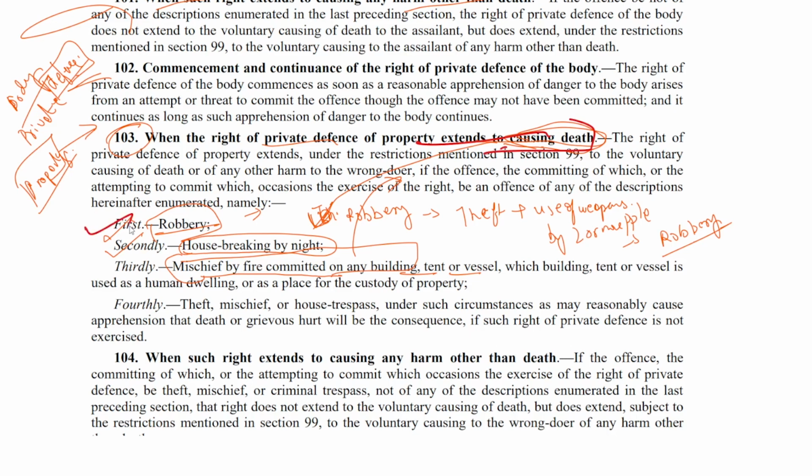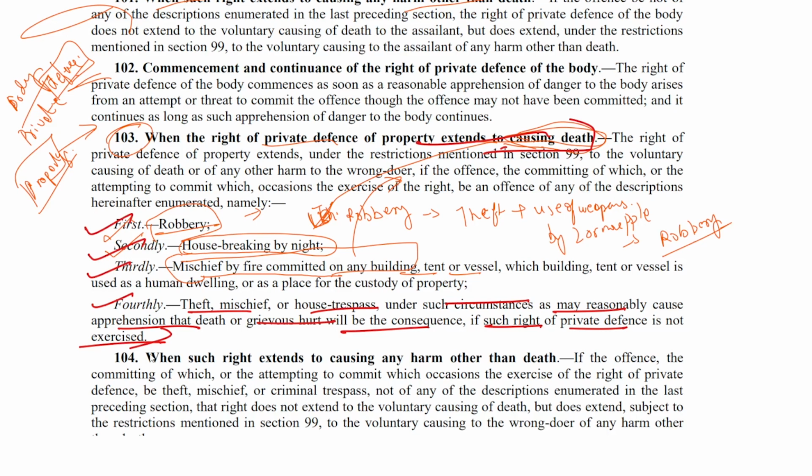If there is a robbery, housebreaking, mischief by fire, theft, mischief, or house trespass under such circumstances as may reasonably cause apprehension that death or grievous hurt will be the consequence if such right of private defense is not exercised. For example, there is a house burglary and there are 4 or 5 robbers who have entered the house, and your family is there.